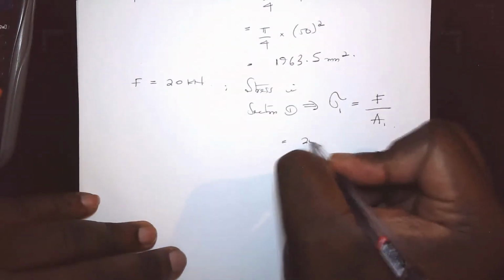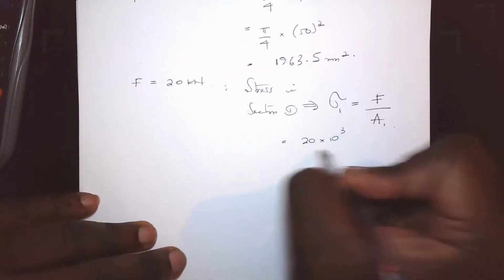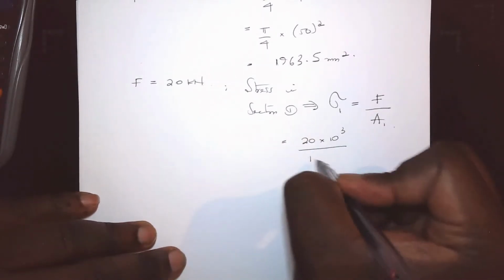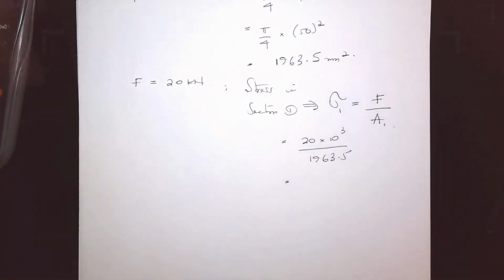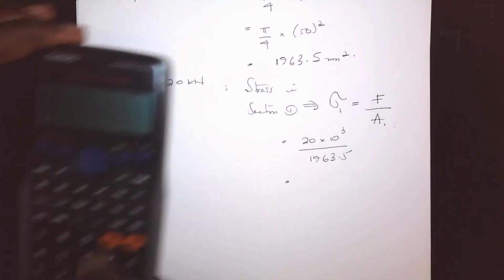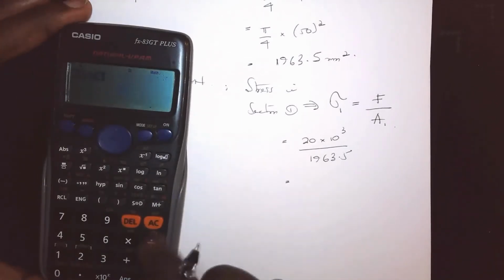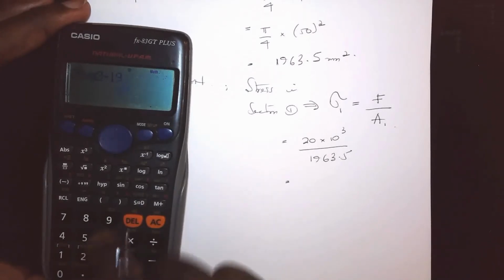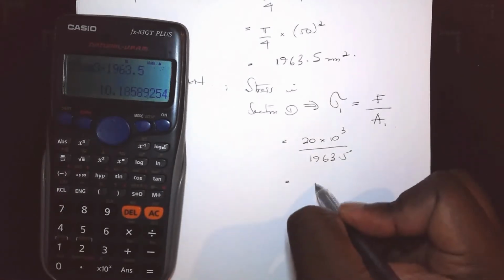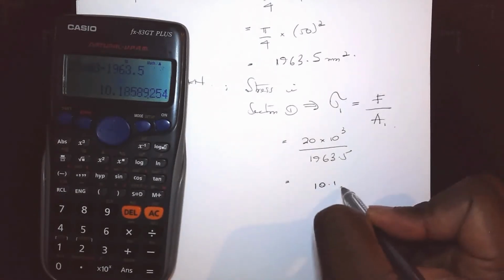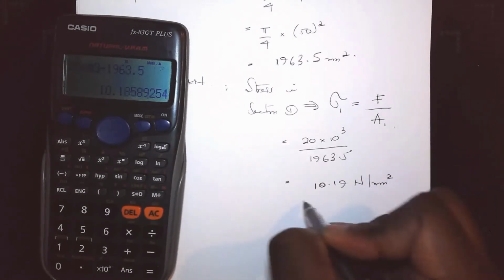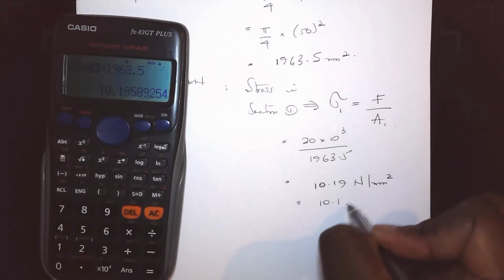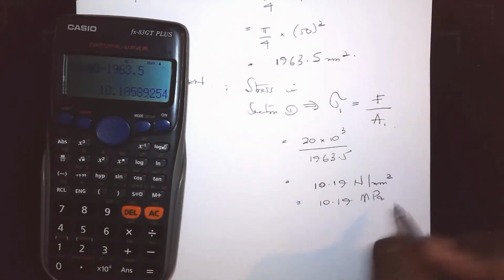So this means 20,000, kilo being 1,000, divided by 1963.5, and that gives about 10.19 Newton per millimeter squared, which is the same as 10.19 MPa.